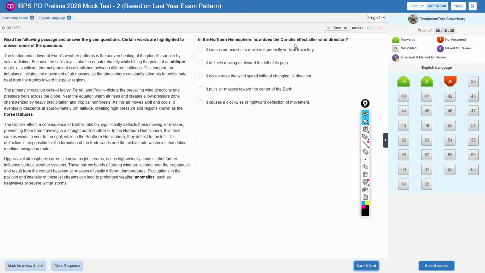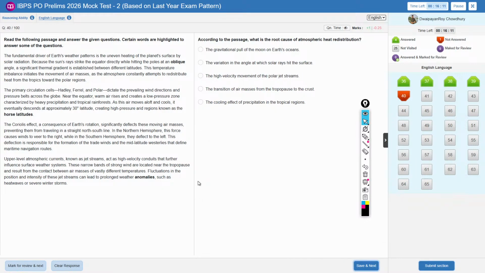In the northern hemisphere, it deflects to the right, rightward deflection. Horse latitude, high pressure system, resulting in dry, arid conditions.